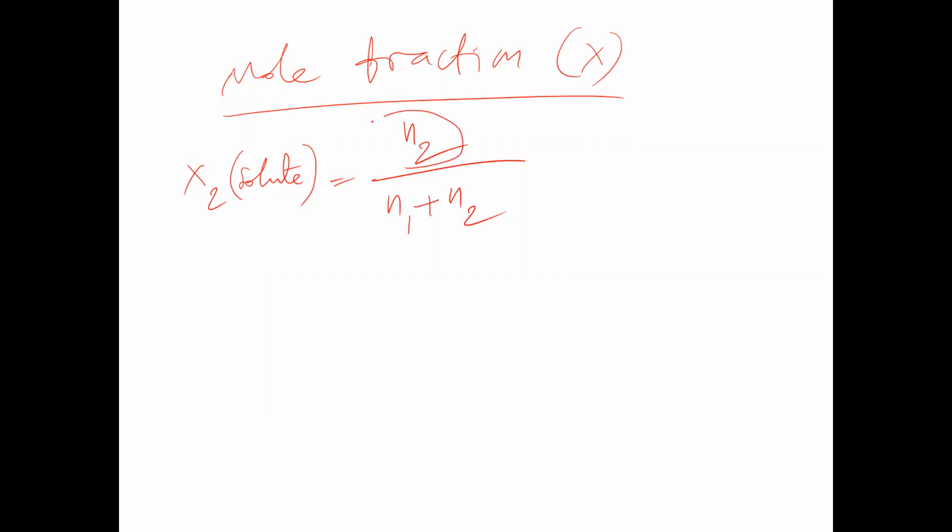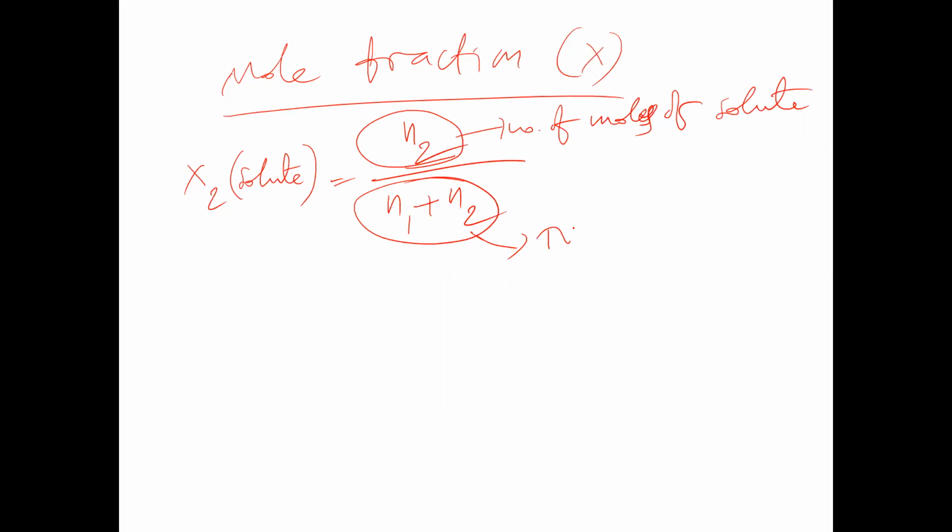It is the ratio of number of moles of solute to total number of moles, that is, total number of moles of solution. In the solution, solvent and solute are both there.